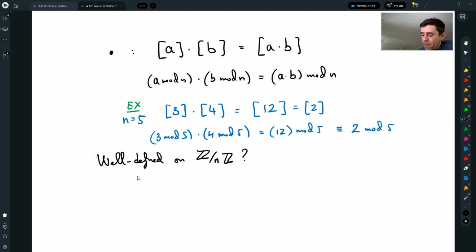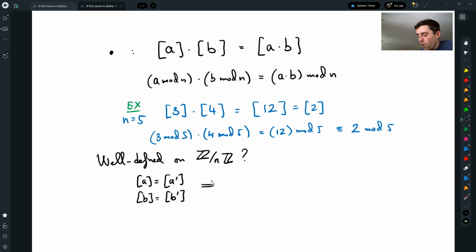So if the class of A is the same as the class of A prime, and the class of B is the same as the class of B prime, because those are just representative numbers. So for example, numbers like 2 and 7 are numbers that represent the same class modulo 5.